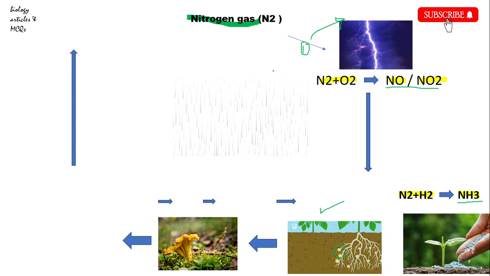And after entering into the soil, most of the decomposers, here you can see that there are some decomposers shown, act on it, and then act on the animals or plants manure, and then the organic nitrogen will change into ammonia. Here you can see that this organic nitrogen comes from these bacteria which have fixed this nitrogen into the organic nitrogen.